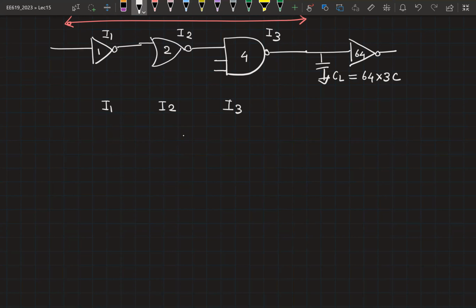I will first list down the Cin. Then we will list down the CL, the load that each stage is driving. Once you have Cin and CL, you can calculate H. It's basically CL by Cin. Then you can also list out the G and P, and then finally you can calculate the D for each of these stages. Why don't you give it a try?